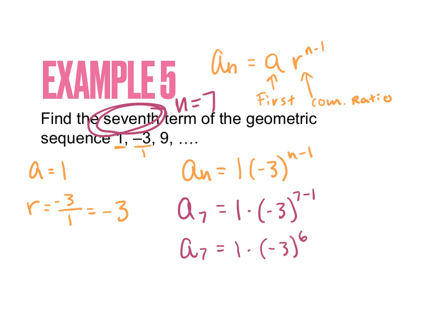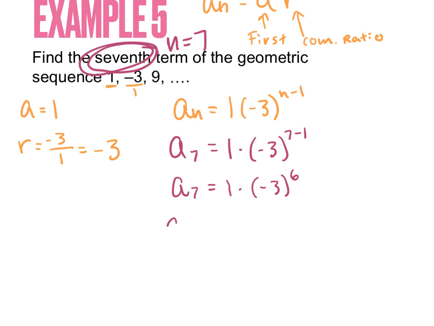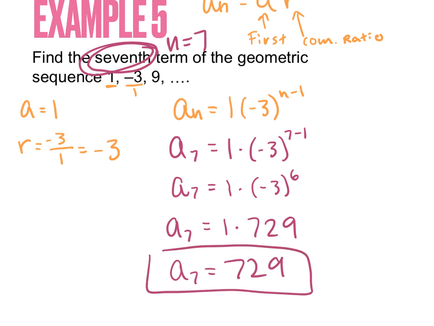So I'm going to put negative 3 to the power of 6 in my calculator. So I get a sub 7 is equal to 1 times 729, and 1 times 729 is just 729. So that is my 7th term of my sequence.